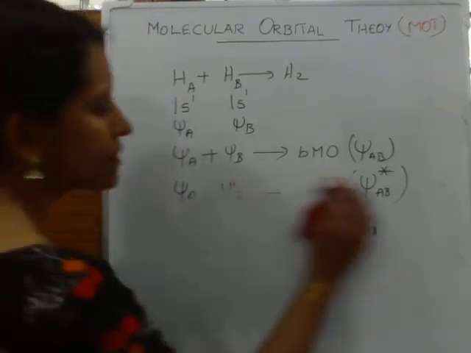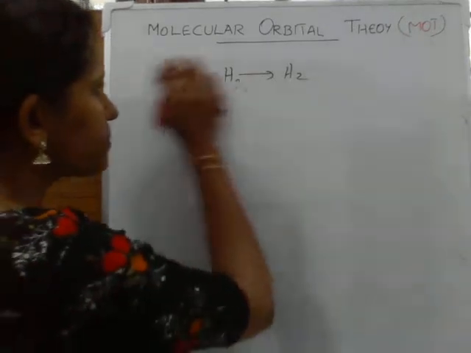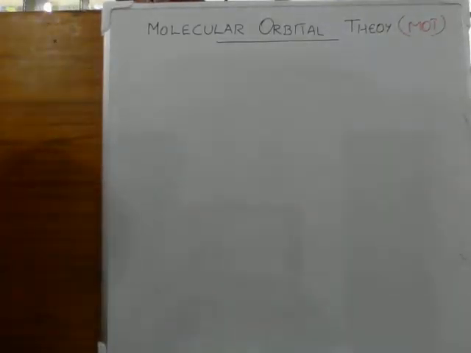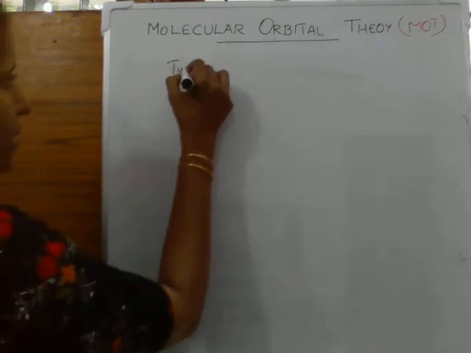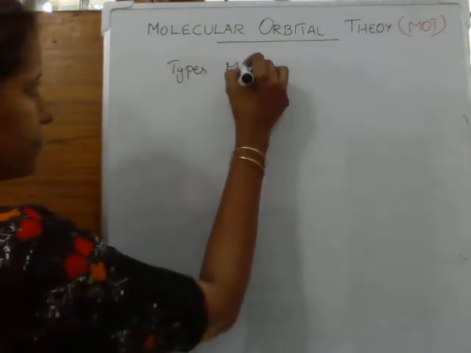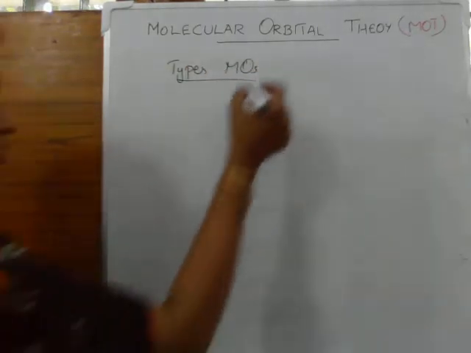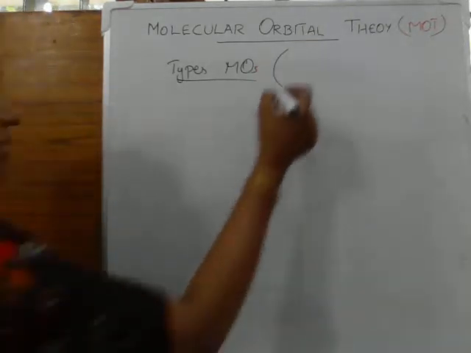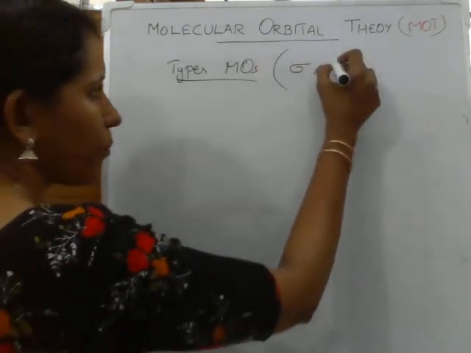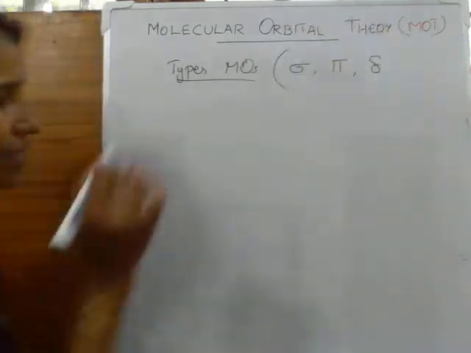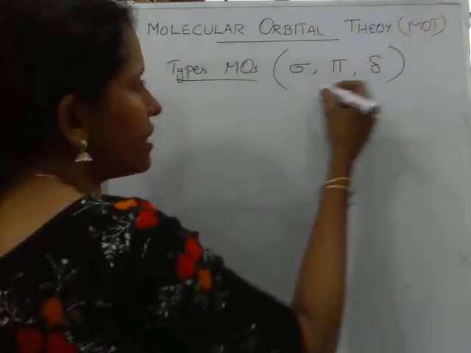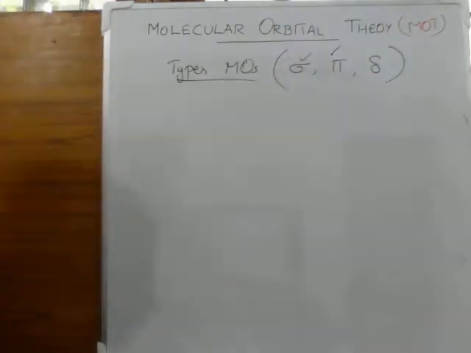Now let us discuss different types of MOs. Types of molecular orbital. As we have already told, molecular orbitals are sigma, pi, delta, etc. Here we will talk only about sigma and pi.